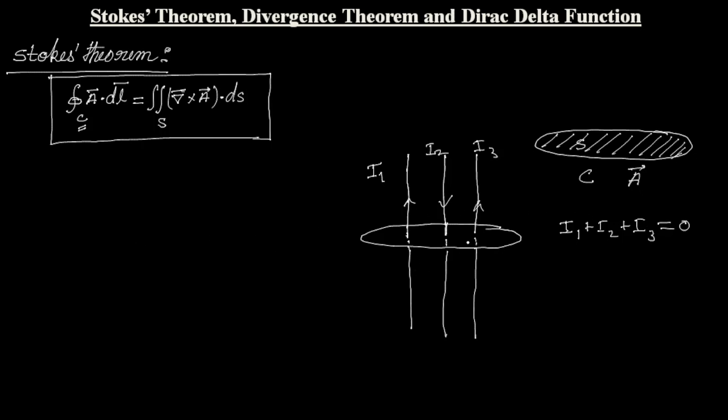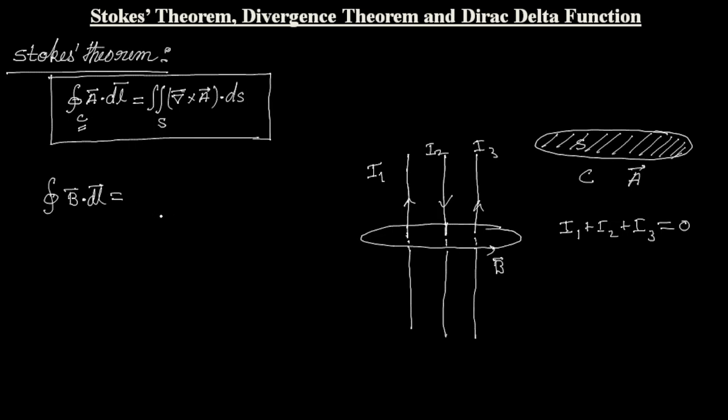Now what I am going to ask you is, let's say we calculate the magnetic field due to these three wires, and let's say the magnetic field is B. If you take the line integral of this magnetic field along this closed loop, what will be the value of this line integral, B dot dl?